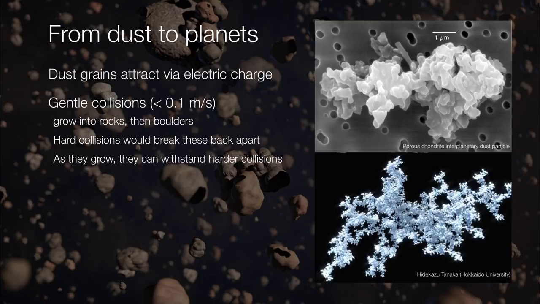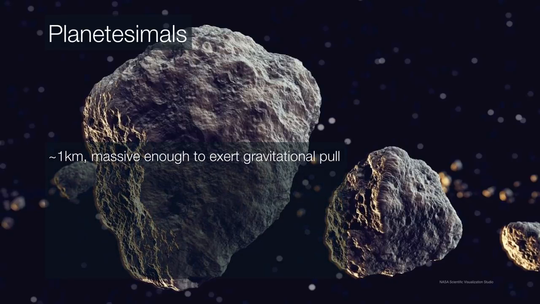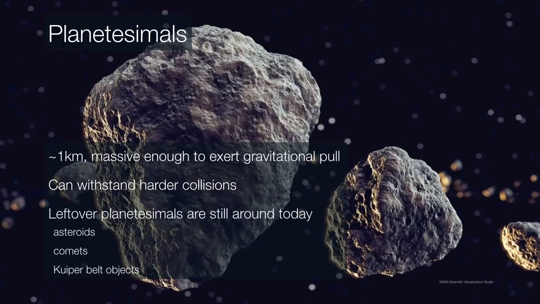But as these things grow, they can withstand harder and stronger collisions until they grow into what are now called planetesimals. At planetesimal sizes, at about 1 kilometer, they're massive enough to exert a gravitational pull on one another. This means that they can withstand harder collisions. And in fact, we see leftover planetesimals around the solar system today.